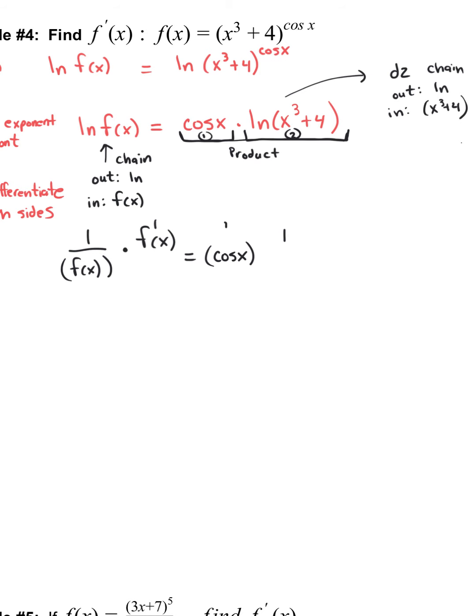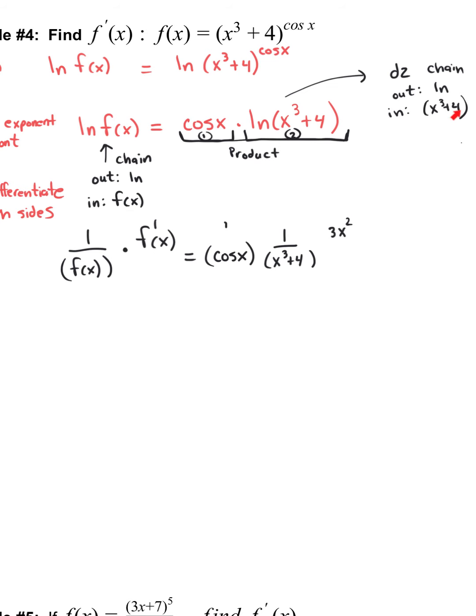Okay, so we go to work. The derivative of ln is 1 over something. The inner as is, we plug in downstairs, right here is x cubed plus 4. And now we multiply everything by the derivative of the inner. The derivative of x cubed is 3x squared.